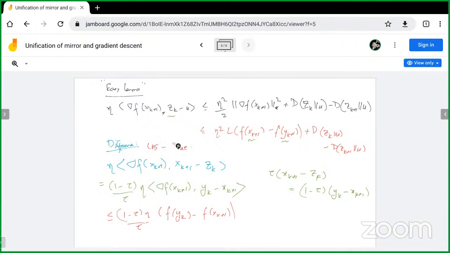Right now the left-hand side is about the bound.